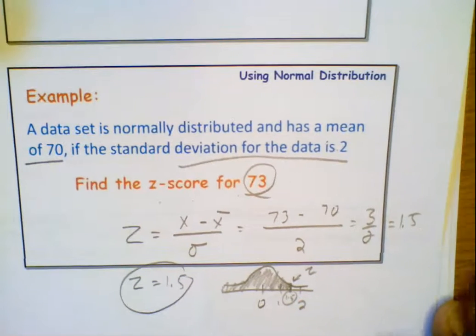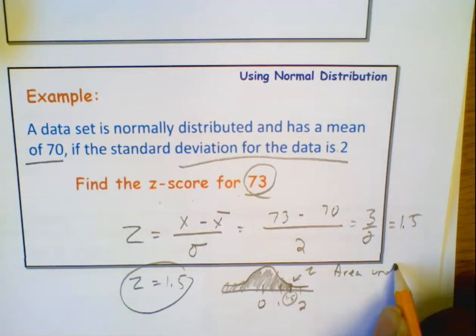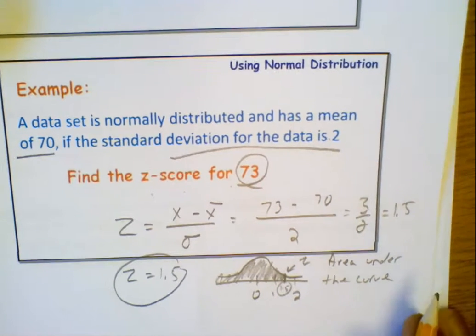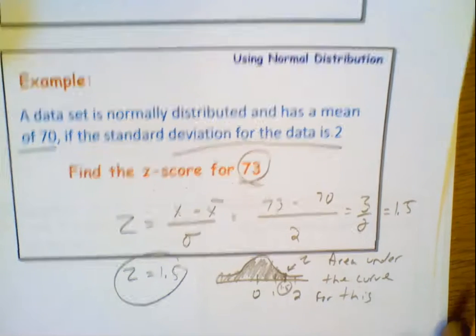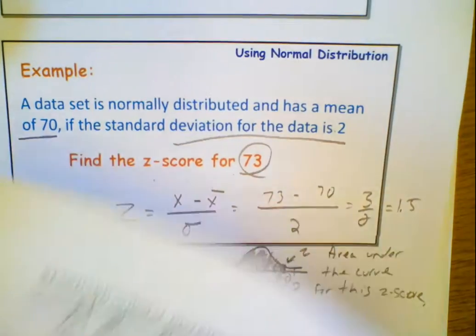We're going to talk about finding the area there now. They didn't ask, but I'm going to ask you, what is the area under the curve for this z-score? And this is how you find it. For the area under the curve for that z-score, you basically take the standard z-score table.